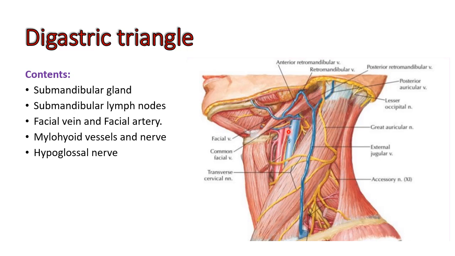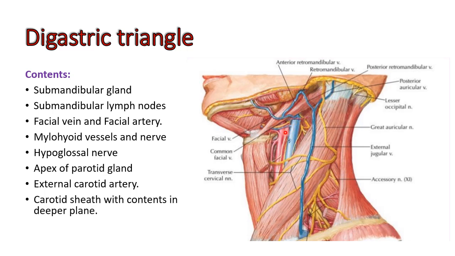Then in the posterior most part you also come across the great vessels, external carotid artery, internal carotid artery, and internal jugular vein. And you can see a very small part of the parotid gland, the apex of the parotid gland, also extending into the digastric triangle. Okay, so these are all the contents of the digastric triangle.